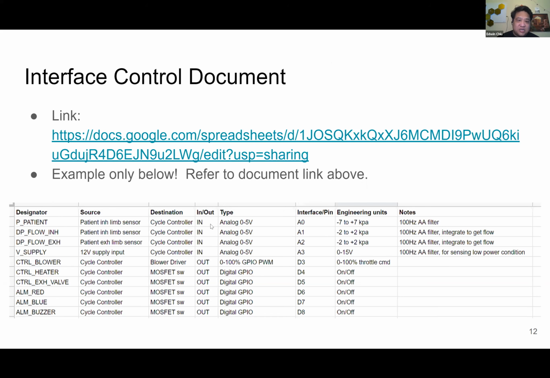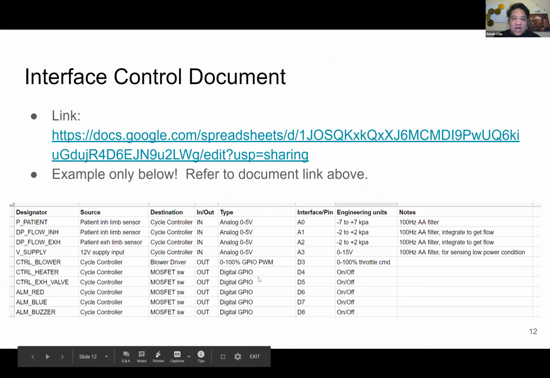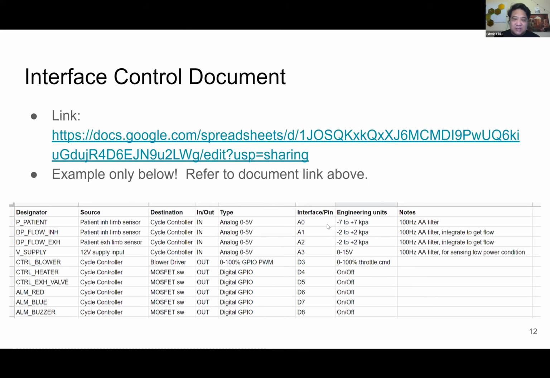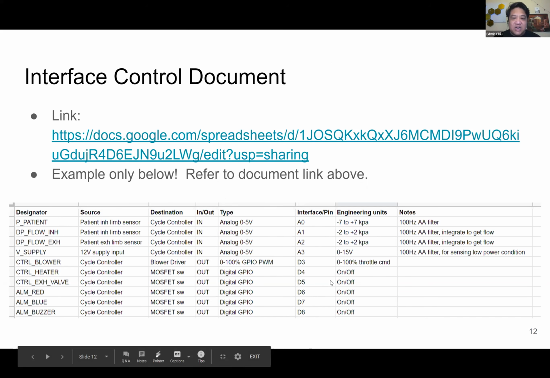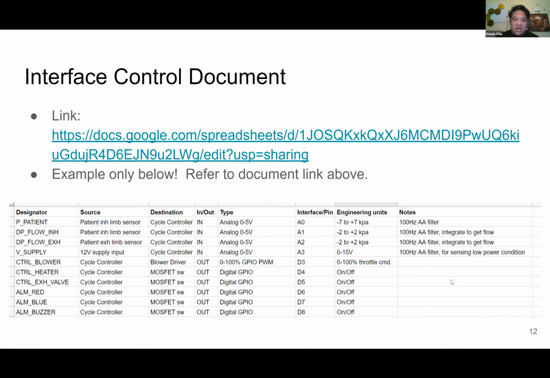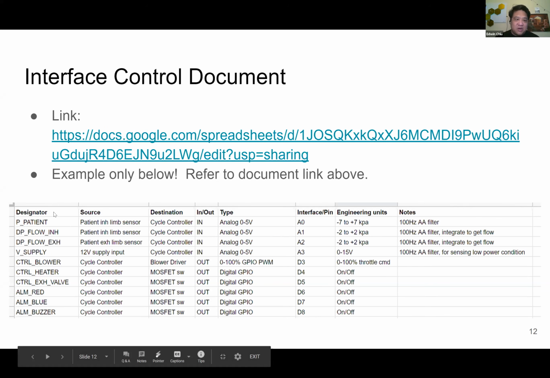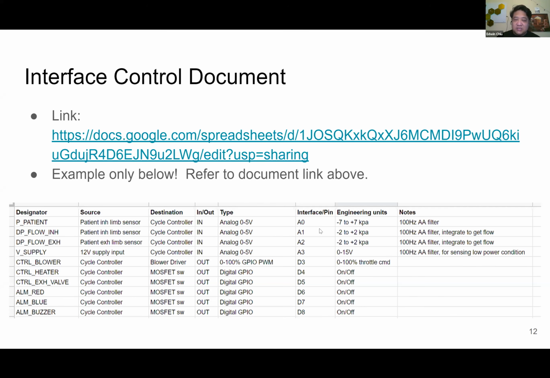It has a source and a destination, an input or an output, defined from the electronics perspective, and the type, range, and pin connection of each of them. This is just a screenshot cut out from the actual document. The actual document has quite a few more entries and is the controlling document for it. So don't take anything from this slide here, but go to the link to get information.